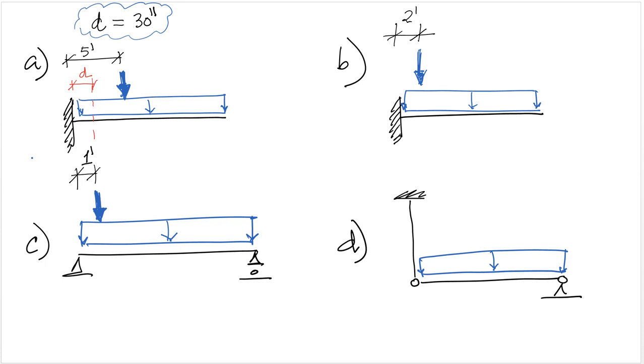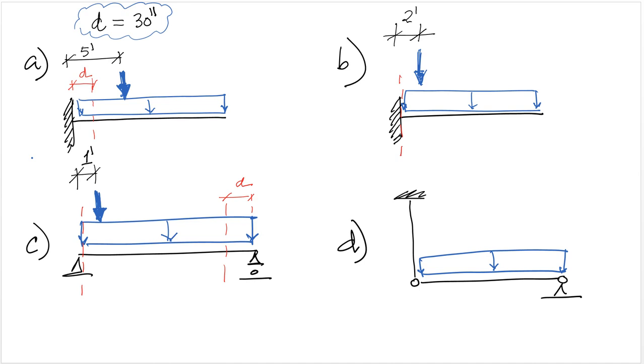So the critical section is going to be right at the support in that case, although on the other side it is at a distance d. In the top right here we have a cantilever with a load located at 2 feet away from the support that is less than 30 inches. So in that case, the critical section is right at the support.